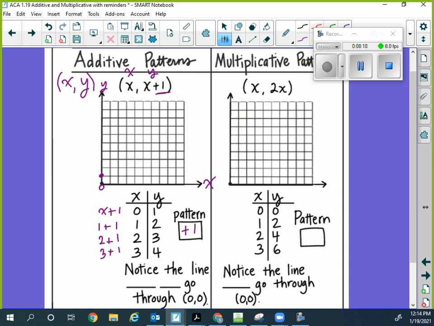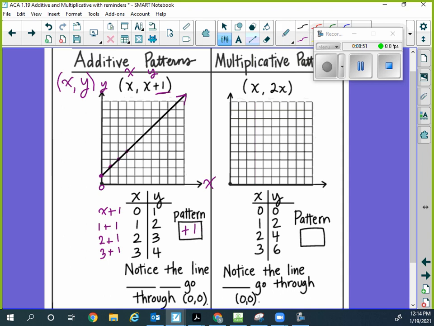The second one, 1, 2, means I'm going to go to the right one and then up 2, and you put a dot. 2, 3, and 3, 4. Does everybody see that? Okay? Then you want to connect your dots to make a straight line, or at least as straight as you can, since you don't have the handy dandy tool that I have.